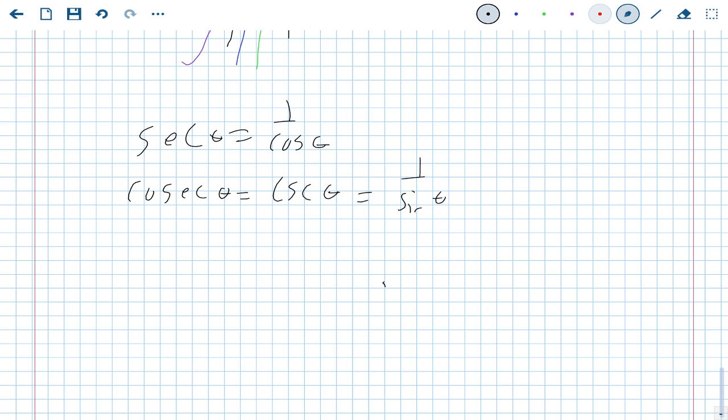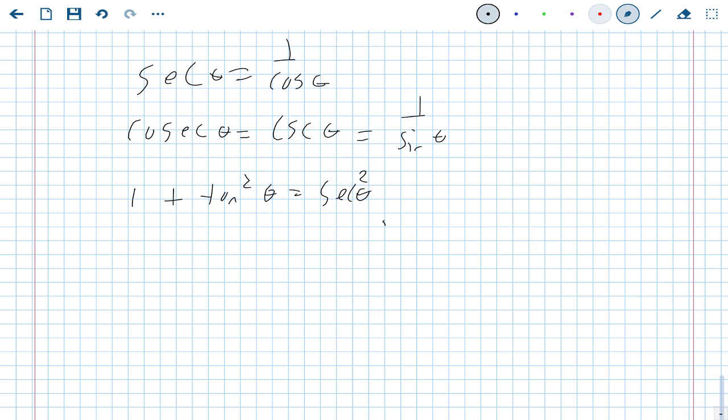Then spawning off of these, you get two identities: 1 plus tangent squared theta is equal to secant squared theta. This is really easy to prove. Just write out both of these. So 1 plus sine squared theta over cosine squared theta.